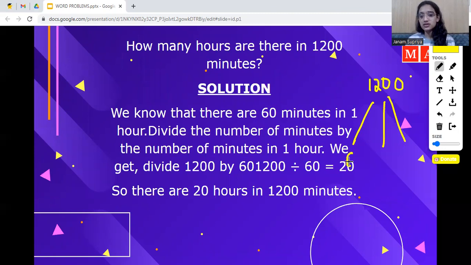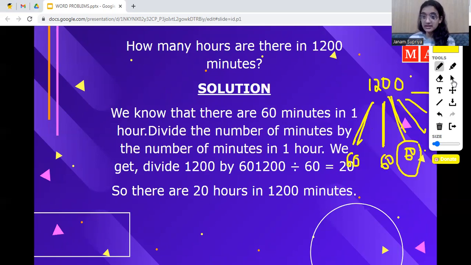Each hour has 60 minutes, but we don't know how many 60s it will get divided into. Last time we knew in how many parts it had to be divided, but we didn't know the amount in each part. But in this question we know the amount in which it will get divided, but we don't know in how many parts.